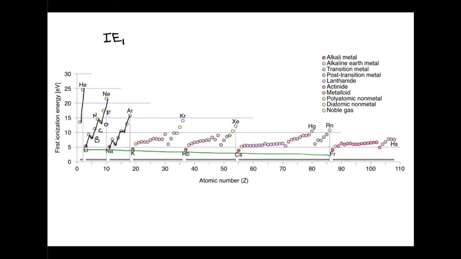In other words, it's a very shallow line, but it does get easier to remove electrons as I go from something like lithium to sodium to potassium, and so that's true. So generally we see all of these elements trending downward as we go to the larger Z, which makes sense because the bigger elements have electrons that are farther away from the nucleus and therefore easier to pull off. And so generally speaking, we see all these trends upheld.